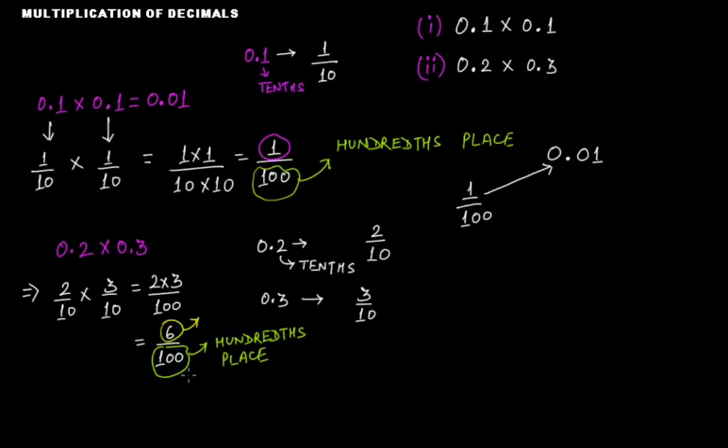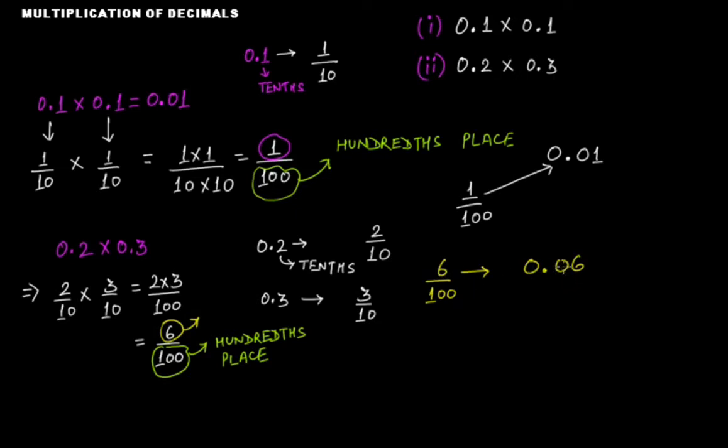Since there is only one digit, that is 6, divided by 100, and 100 is telling you about the hundredths place, and there is no other digit other than 6, it means that we have 0.06. This 6 over 100 can be written as 0.06. As we wrote 0.1 as 1 over 10, similarly we can represent this one in decimal form.